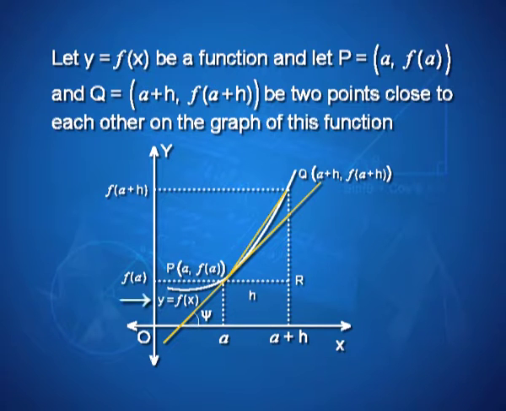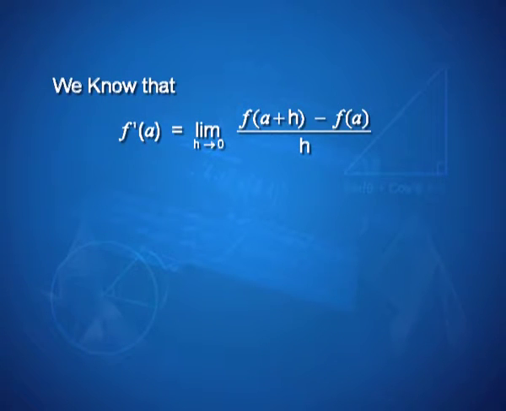So, let y be a function f(x) and let P be (a, f(a)) and Q be (a+h, f(a+h)), two points close to each other on the graph of this function. We know that f'(a) is equal to limit [f(a+h) - f(a)] divided by h as h tends to 0.